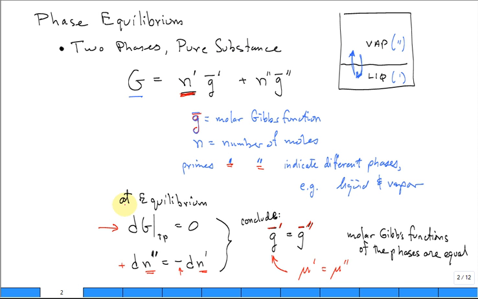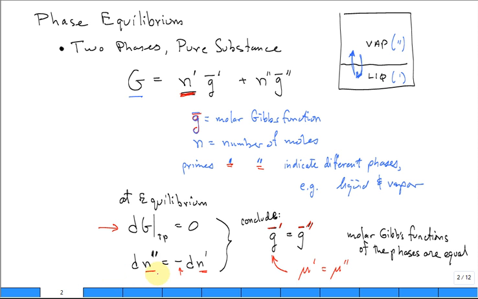Now at equilibrium, our criterion is that the change in the Gibbs function at fixed temperature and pressure is equal to 0. And also what we just described, the rate at which or how much is coming out of one phase is equal to what's going into the other phase. So they're at equilibrium, that has to be a balance.